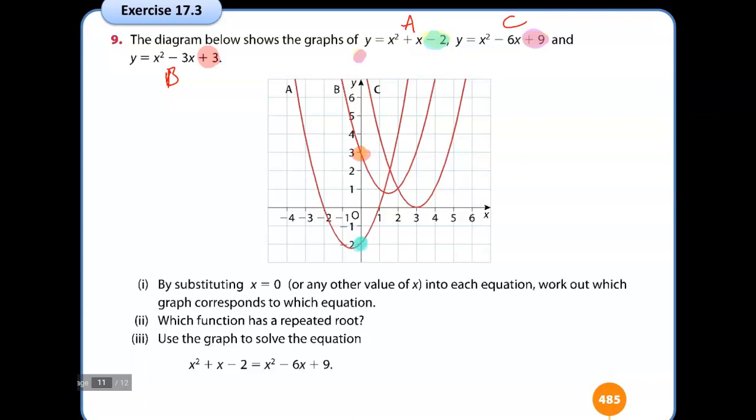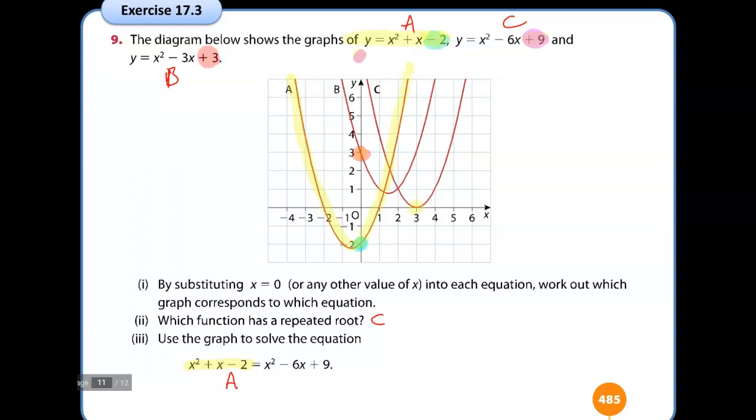Which function has a repeated root? Well, that's the one that bounces off the x-axis, like I mentioned in the previous question of this video. So here we've got a repeated root because it bounces off. So that's C. C has a repeated root. And then lastly, use the graph to solve the equation. So you've got one function equal to another function here. This first one refers to A, and A is this first function here.